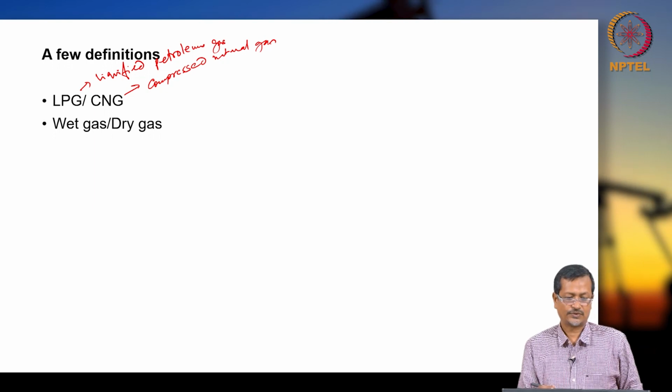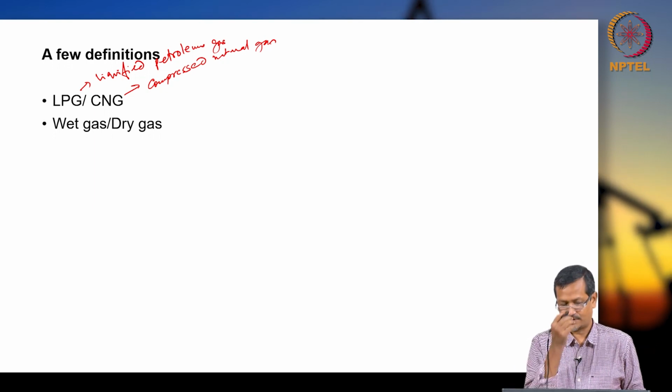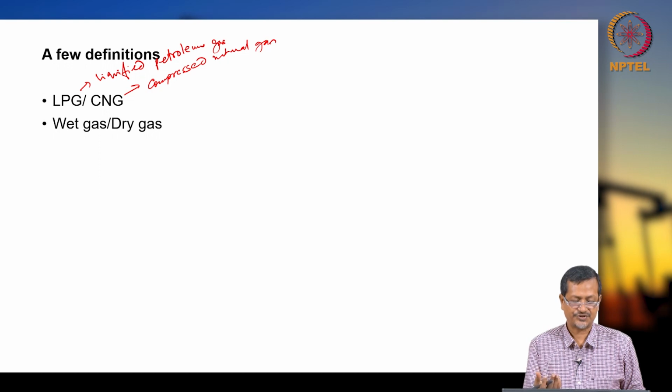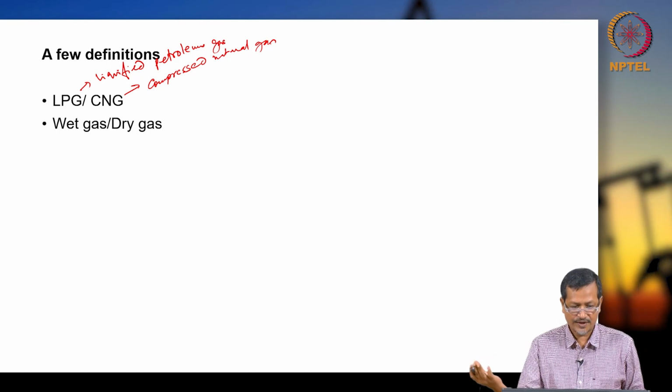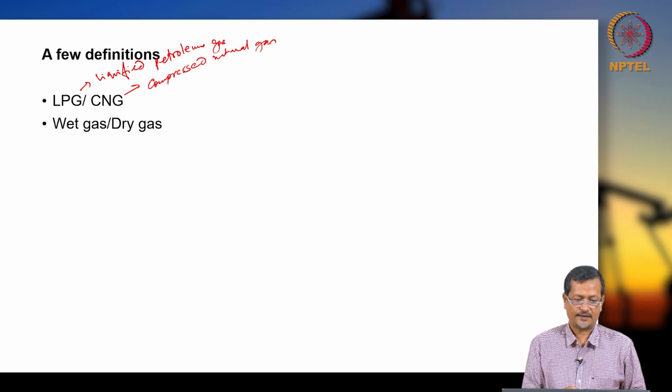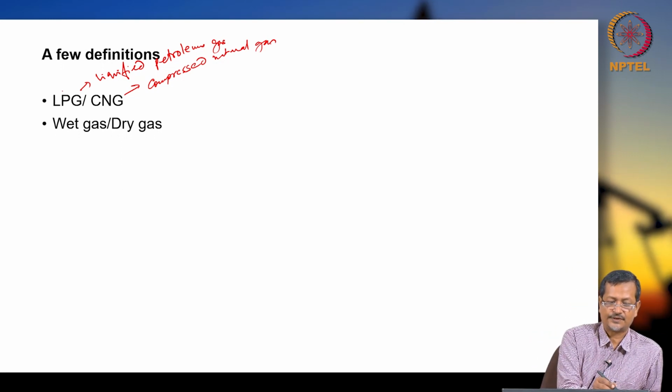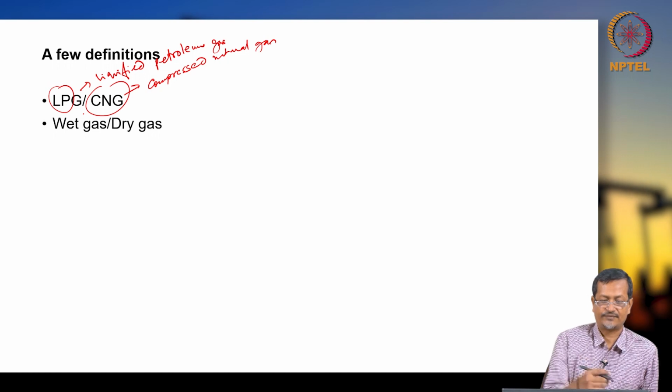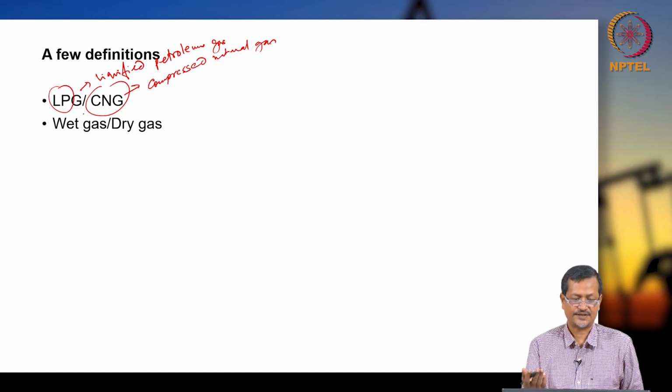Both look the same, like what you get from the market, and even burning them you get energy for maybe your cooking, like the Indian gas cylinder that comes to your home from Indian Oil. That will be LPG. CNG vehicles are using CNG, compressed natural gas.